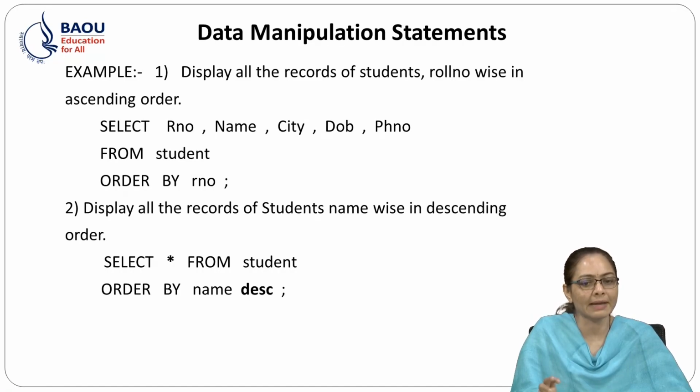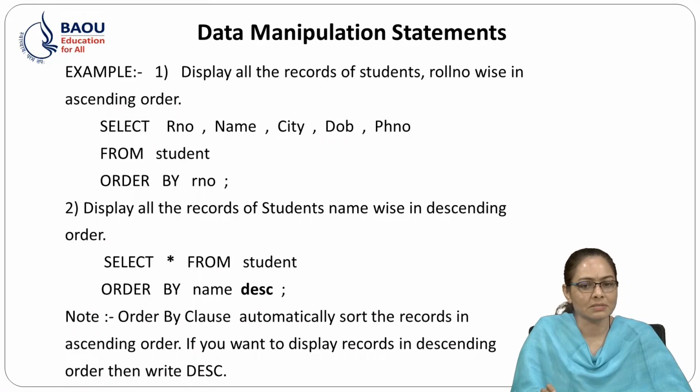So order by name, and we display in descending order, so after that we write the DESC. Then semicolon. In the first example, we see roll number wise, so we write order by roll number, RNO. The first one displays roll number wise. The second one displays name wise, so order by name.